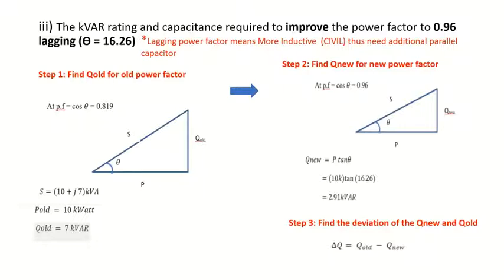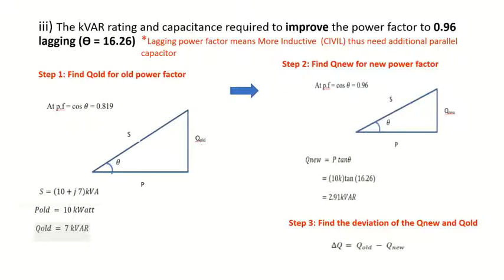First, find the Q old for the old power factor. The old power factor is 0.81, so you draw the triangle with P on the real axis plus Q old, because it's more inductive.